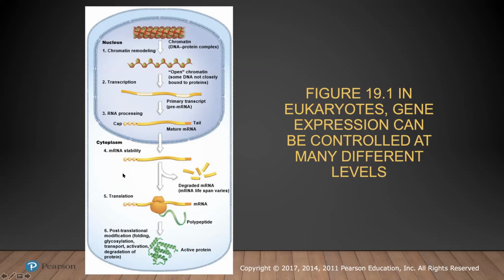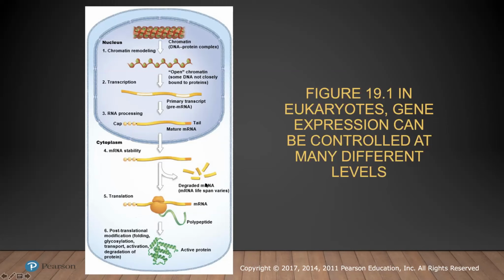And then again, once we're out here in the cytoplasm, we're going to look at the lifespan of how long this transcript can actually last out here before it gets degraded. And this is going to vary depending on the particular gene, right? Some genes we want their transcript to remain active because maybe we need lots of copies, whereas others we don't want it to stick around for a long time.